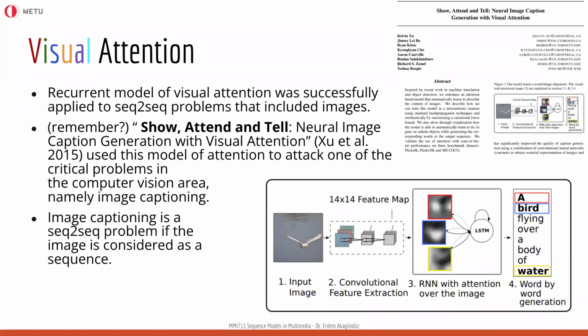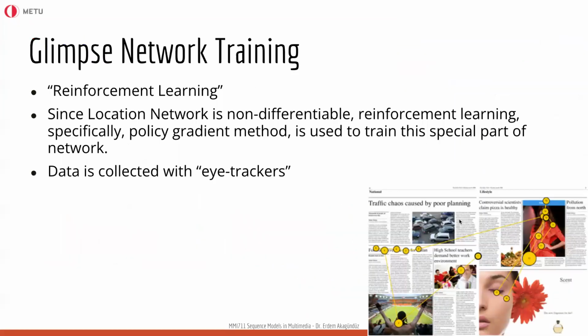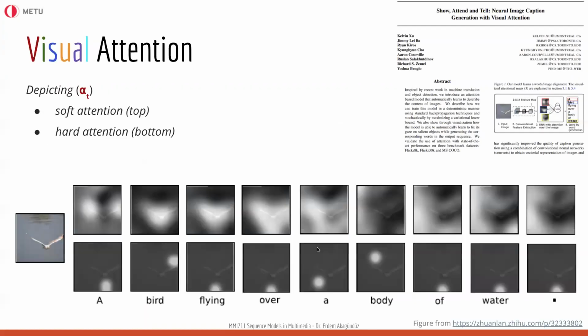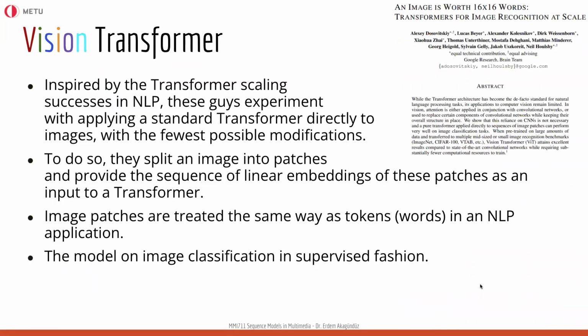So the definition of visual attention changes in context. This is what cognitive attention relates to. This is what the output word in image captioning relates to in the image. So you remember this. Each word is relating to some part of the image. This is another type of attention.